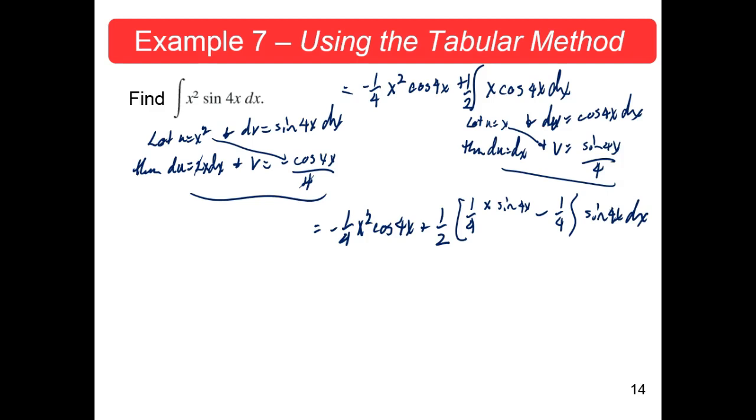Okay. Now, minus 1/4 x squared cosine 4x plus, here we have a 1/4 times a 1/2, 1/8 x sine 4x minus a 1/8.